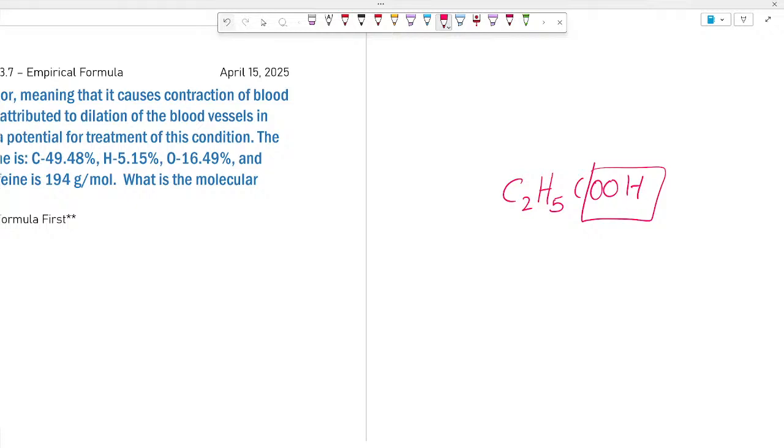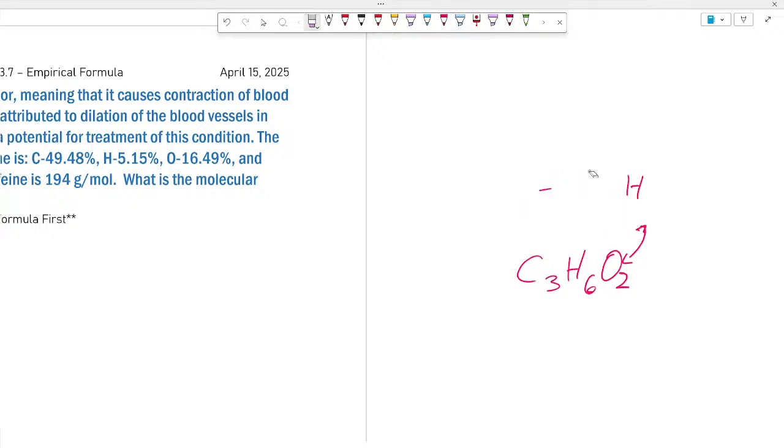The other way you could write this would be C3H6O2, and those are both acceptable ways to write it. So there is a lot of variability depending on what you're doing with it. But as a rule, go left to right on the periodic table. Also, don't put H out in front unless you're talking about an acid, and don't put H on the end unless you're talking about an acid.